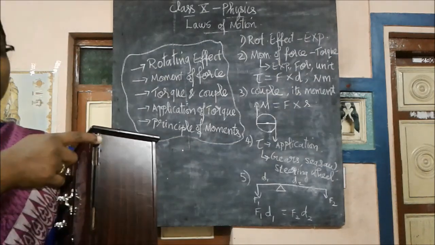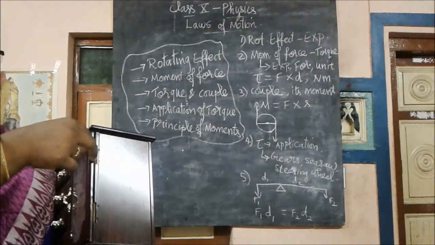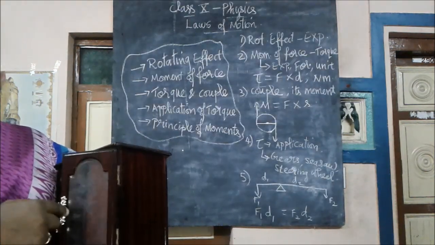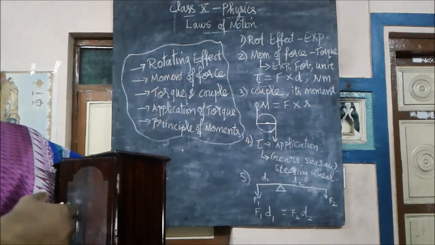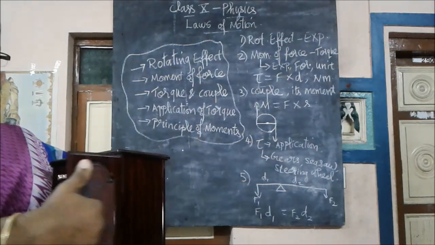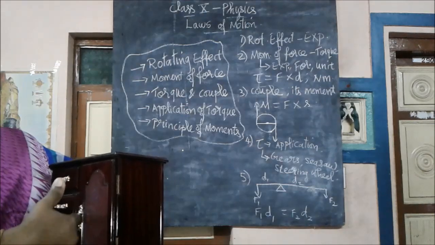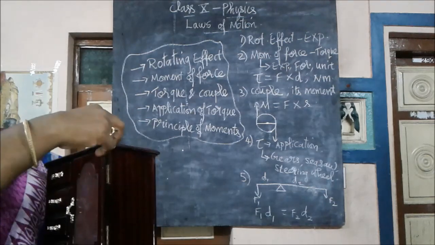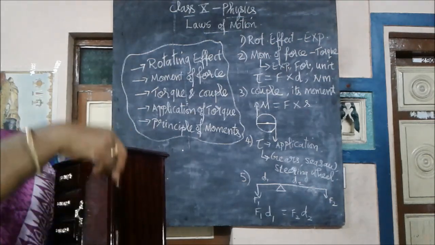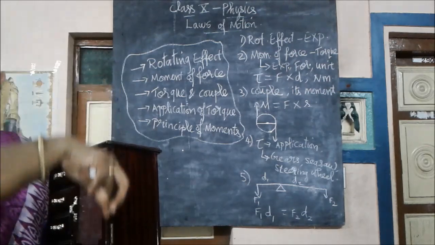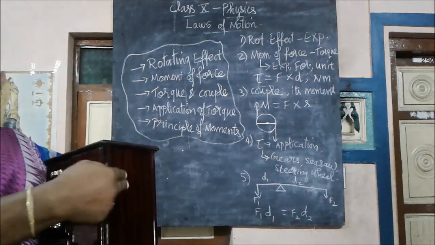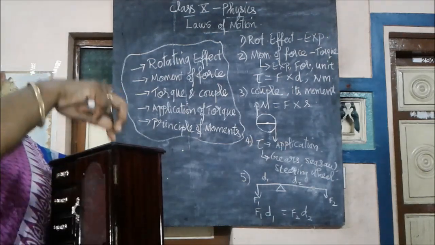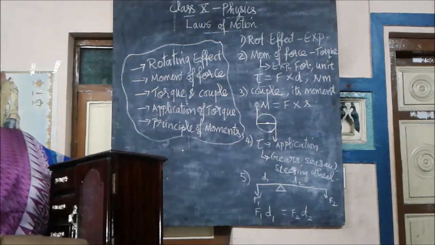Based on the fixation over here through hinges and the force we apply here, the rotating effect is produced. The line where the hinges can rotate the door with the help of force is called as axis of rotation.